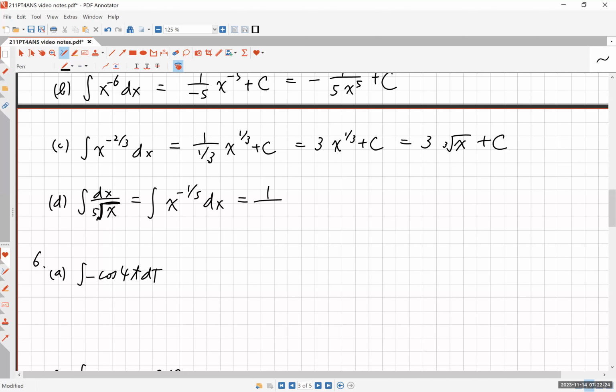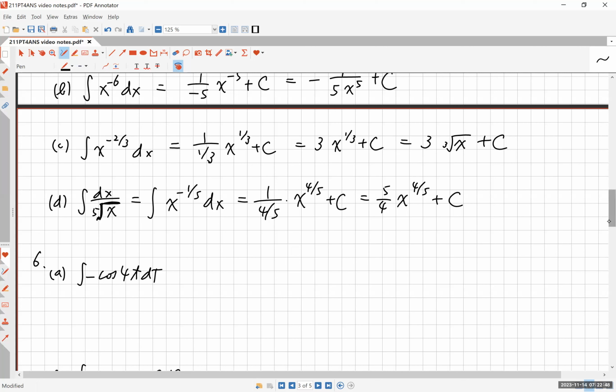So it's 1 over 4/5. You can also write 5/4 if you can do so right away. So this is what you get. All right, so this is 5 over 4, x to the 4 over 5 plus c. Differentiate this, and you can see these numbers will cancel, and the new exponent will be -1/5. So that is the correct answer here.